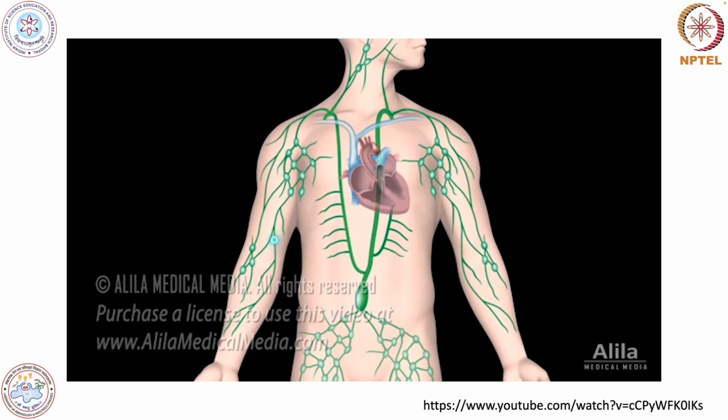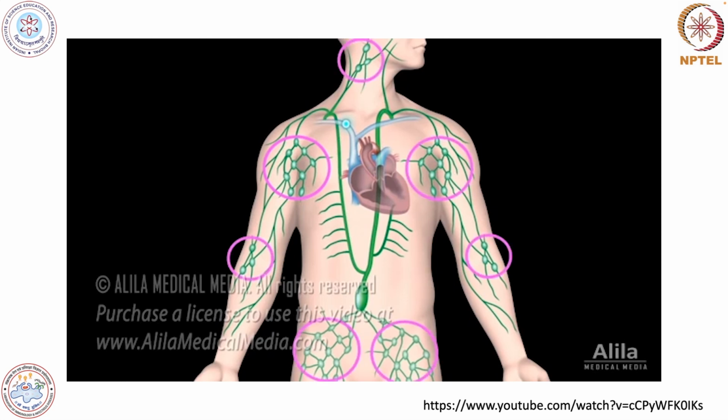It goes from lymphatic capillaries to larger and larger lymphatic vessels and eventually drains into the bloodstream via the subclavian veins. On the way, it passes through a number of lymph nodes, which serve as filters, cleansing the fluid before it reaches the bloodstream. Lymph nodes are small bean-shaped structures scattered throughout the lymphatic network.